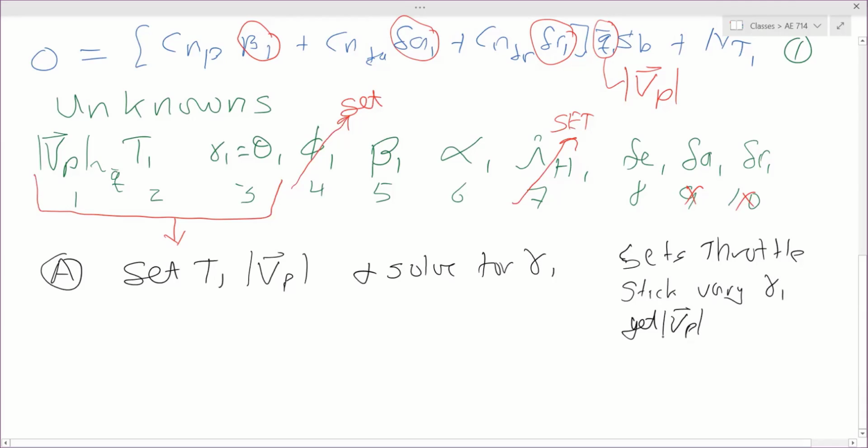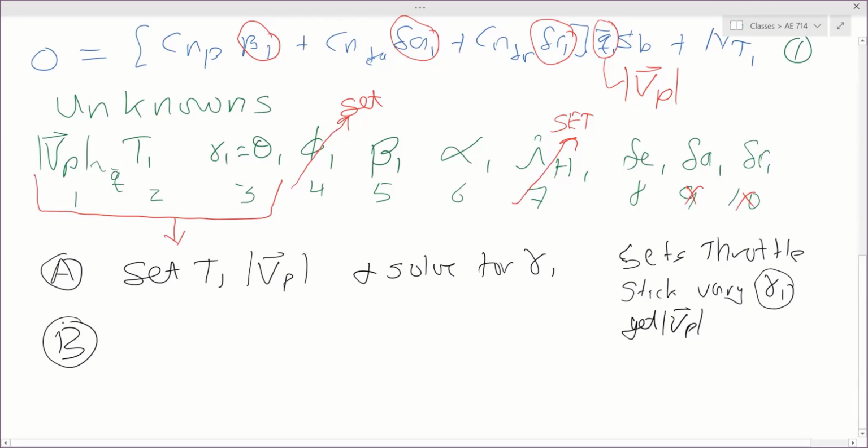So in a sense, the pilot experimentally is solving for what flight path angle he needs to fly at in order to maintain that airspeed. Right, you set the throttle. If the airplane starts to slow down when you're flying level, then you would start diving to get some gravity going forward so that you maintain the airspeed. Or vice versa, if you're overspeeding, you can pitch the aircraft up and slow down. And pilots often will control airspeed in that way because it responds pretty quickly to elevator that way. So that's one option.